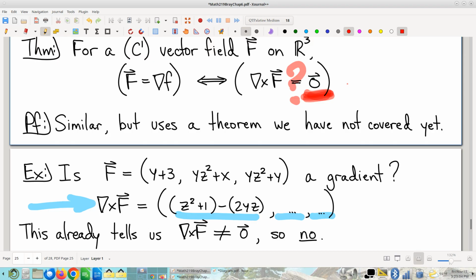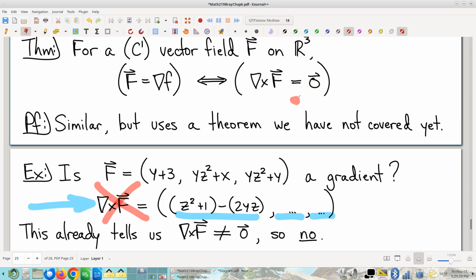Because that is not 0, there is no way that is going to be the 0 vector. So we don't even have to compute the second and third coordinates. It's definitely not the 0 vector, and that means that it does not have an anti-gradient. So don't try to find one. There is no anti-gradient to find.